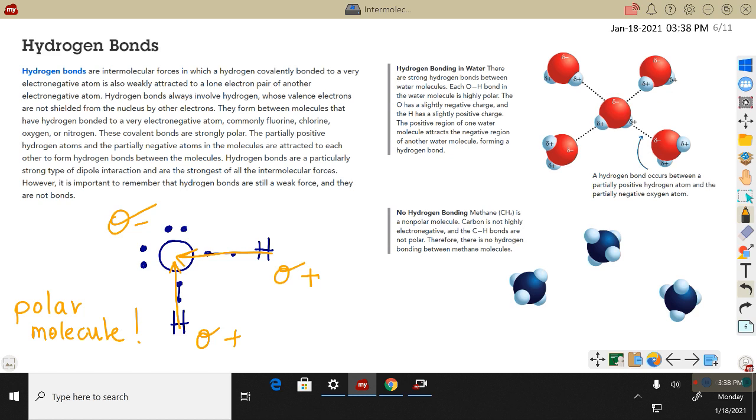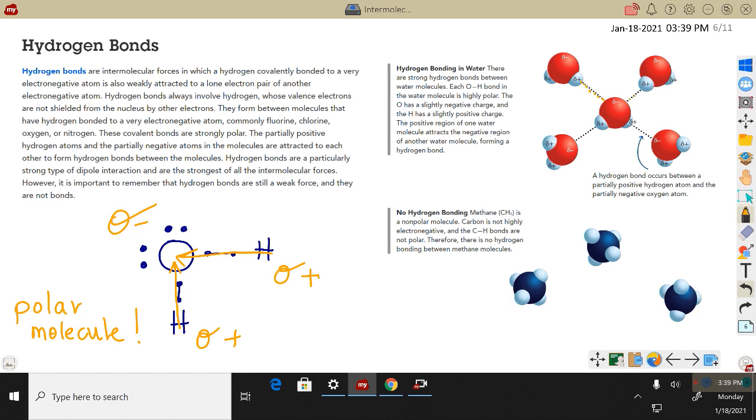And so then I look at this picture and it kind of makes sense. It looks just like the dipole force, right? Where in the middle, there's that red oxygen that's got the partially negative sign on it. Well, if you put a whole bunch of water molecules together, they purposely align so that opposites attract. That the partial negative oxygen is always attracted to the partial positive hydrogen of another molecule.